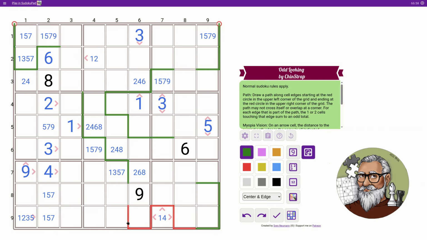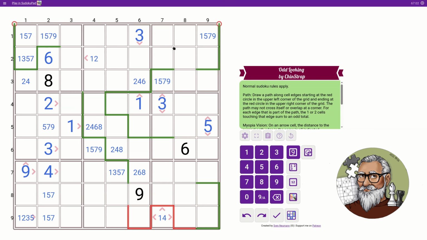Yeah, interesting. Right, so that's even. That's odd because of this side. Oh, and this isn't 5.